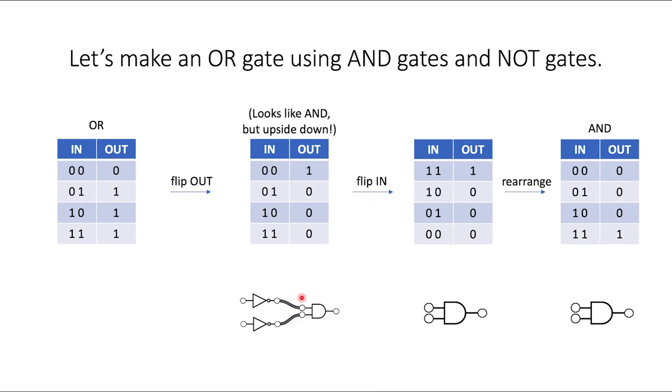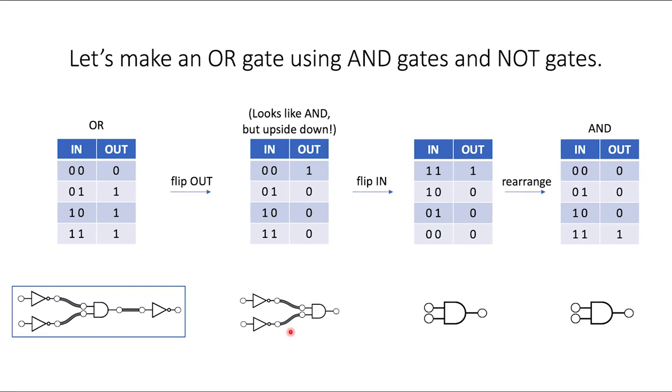So what that means is that to this AND gate, I'm not just giving it the raw inputs that I give to my circuit. I'm first flipping them using these NOT gates, and then I'm inputting them into my AND gate. Okay, so this is a circuit that will actually realize this truth table. If you just go through the process and follow all the steps, this is what you get.